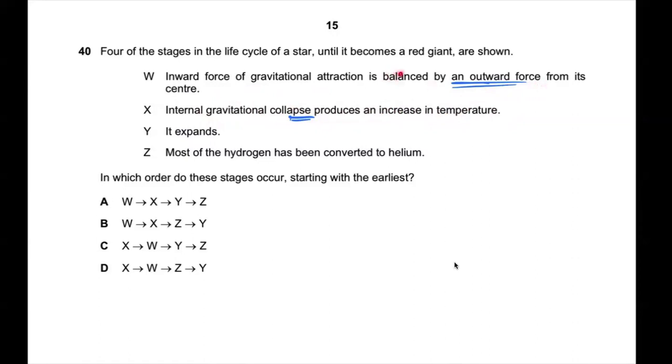And then as it goes towards that red giant stage, the hydrogen has been converted to helium. And when that helium also fuses together, it releases a large amount of energy, which causes it to expand. So it's like X, W, and then Z, and then Y, right? So it's D.